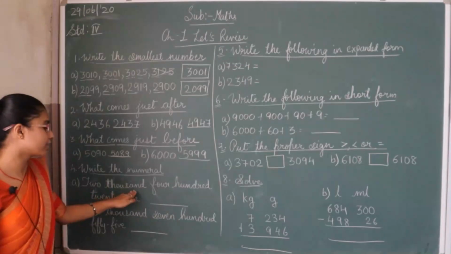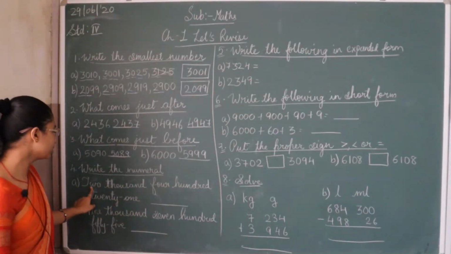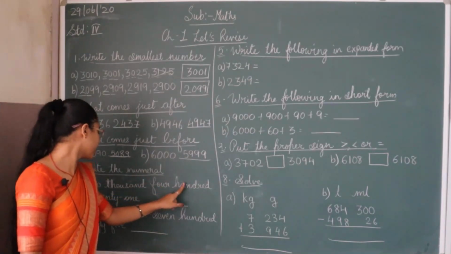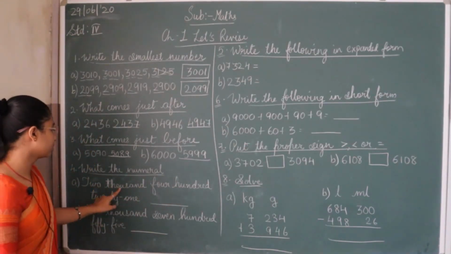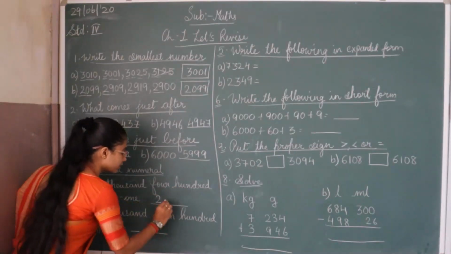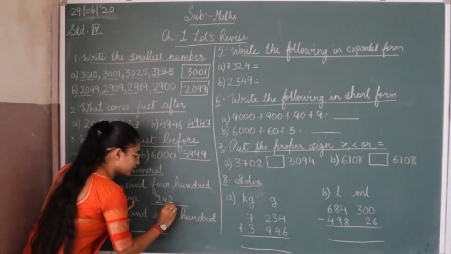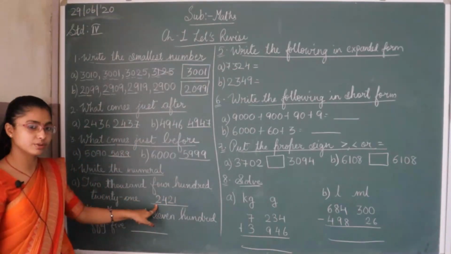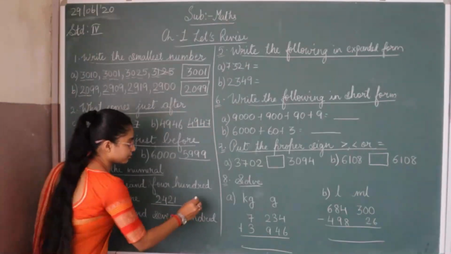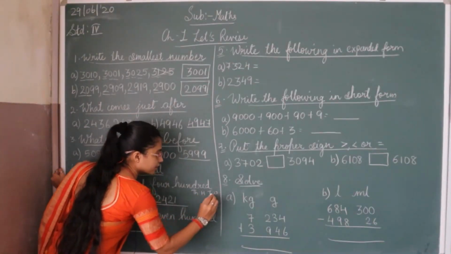Okay. Now next heading, write the numeral. Number names are given that you have to write in numbers. 2421. If you don't know how to write directly, you can make a place value chart. छोटा सा place value chart बना के लिख सकते हो.